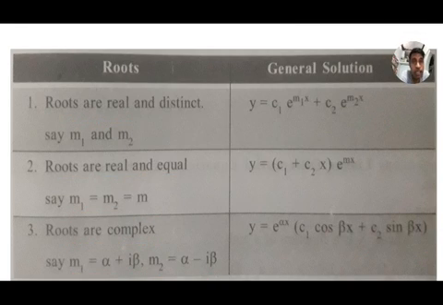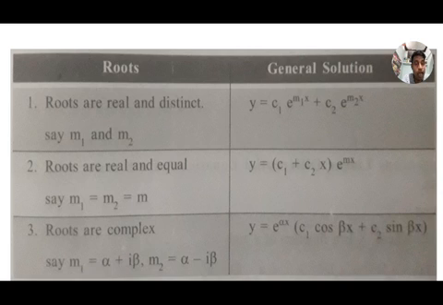If the first case is roots are real and distinct, then the general solution is y equal to c1 into e to the power of m1x plus c2 into e to the power of m2x. Second case, if roots are real and equal, that is m1 equal to m2 equal to m, then the general solution of equation 1 is y equal to (c1 plus c2x) into e to the power of mx.